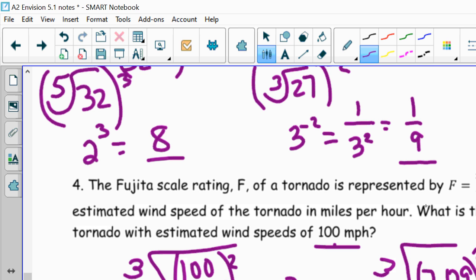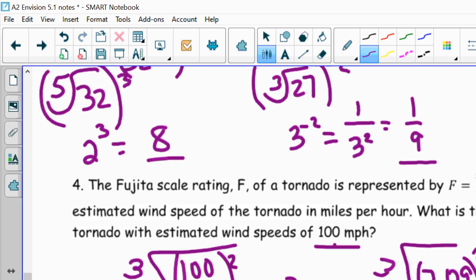So the tornado with estimated wind speeds. Remember, it's a word problem, so we're going to write out our answer.